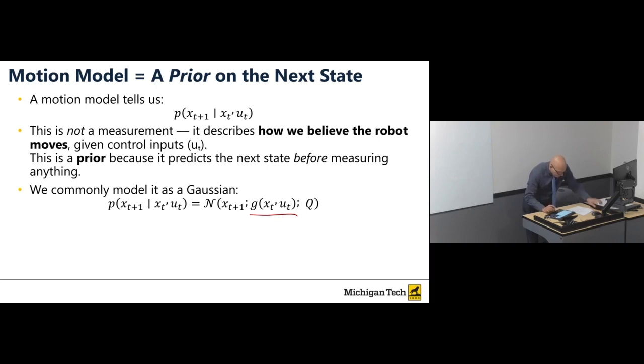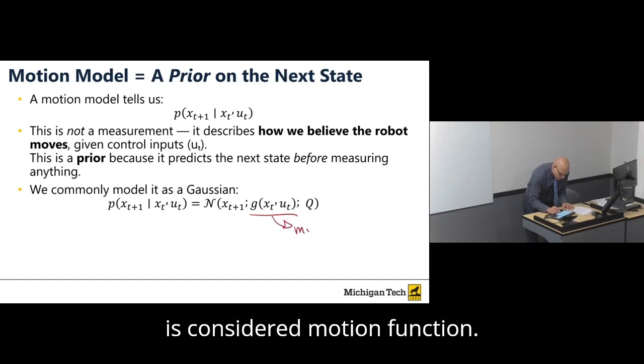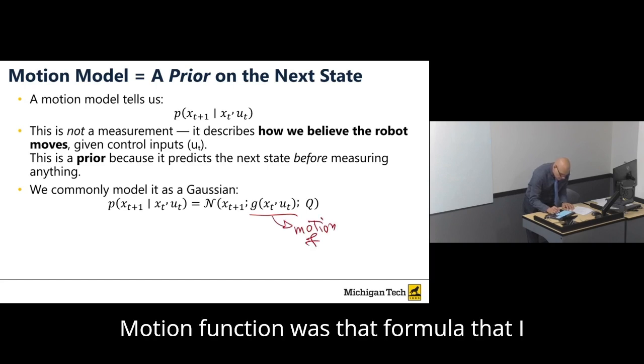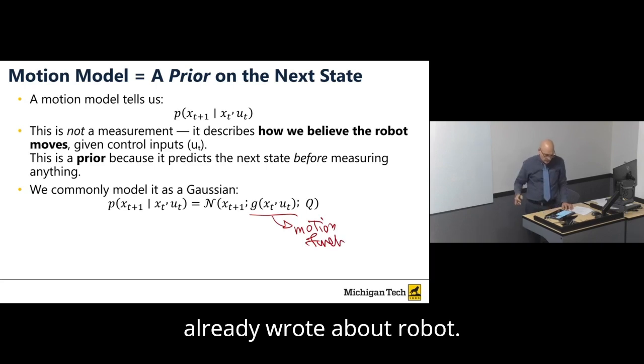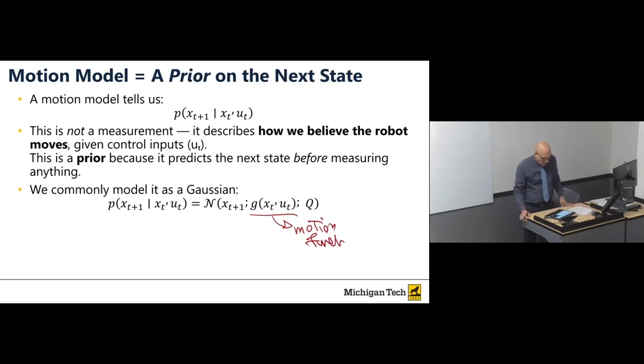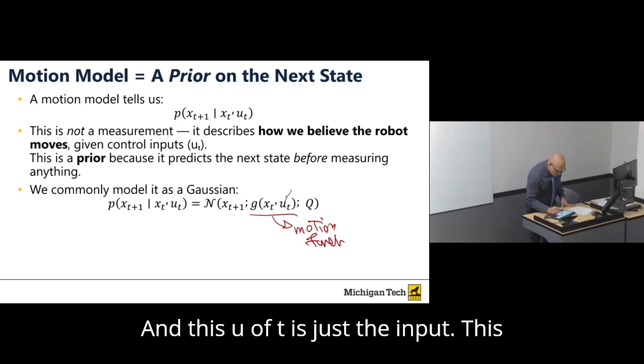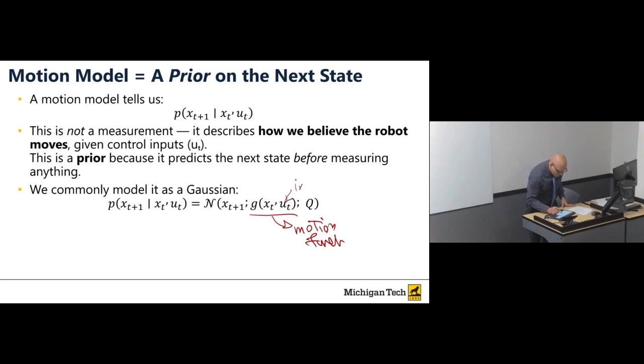Okay, here g of xt and ut is considered the motion function. The motion function is that formula that I already wrote about the robot. And this ut is just the input. This can just be noise.